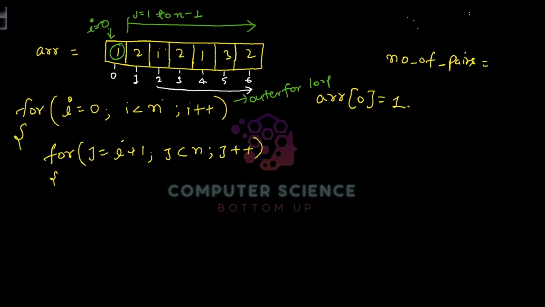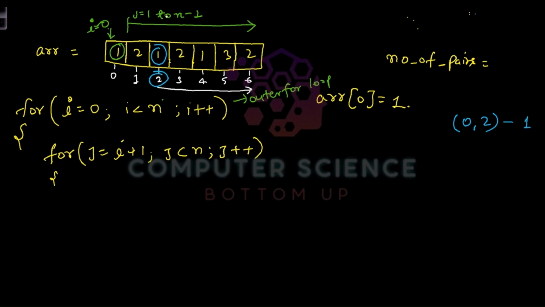And along the way, the moment you get the first match, it means you got a pair for i equal to 0. So here you get the first match, for i equal to 0 and j equal to 2. So the first pair of indices which makes a pair are 0 and 2. This makes a pair for 1 and 1.